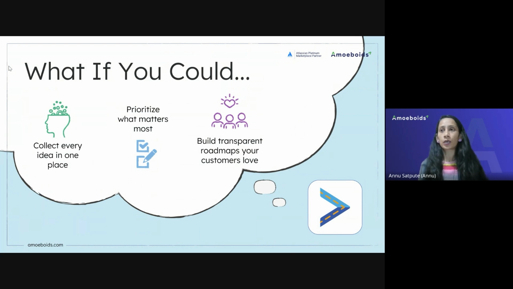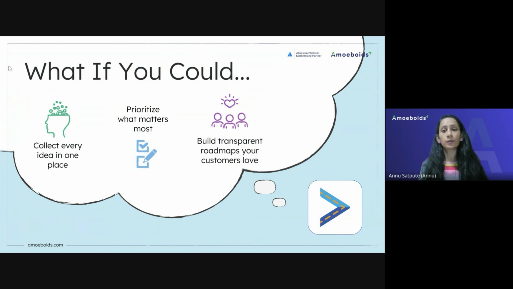If there is an idea that has been shared by one of your customers, it is available for everyone to see, and whoever finds it valuable or interesting comes to that idea, reads it, provides their votes, or maybe comments, or adds additional ideas or touch points on those items, right? And it becomes easy for you to prioritize such tickets. What if you could do that kind of prioritization?